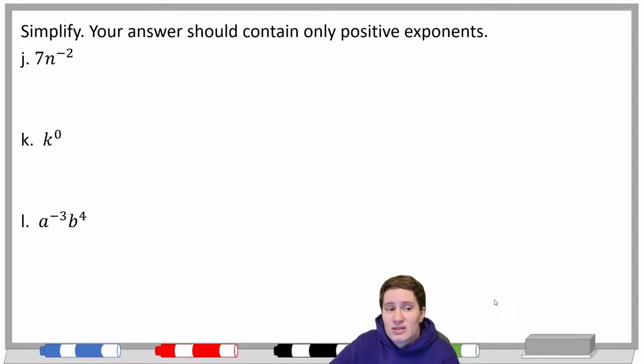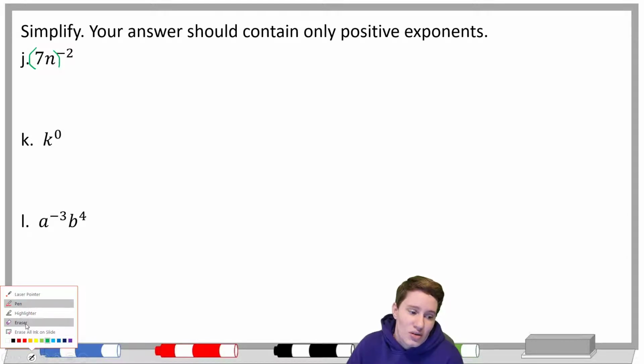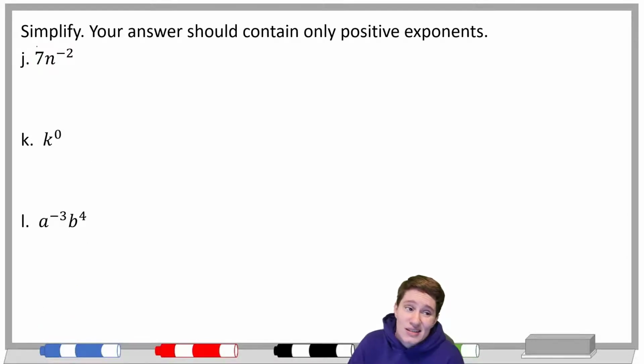So our instructions, just like last time, say simplify. Your answer should contain only positive exponents. One of the important things here is that on J, 7n to the negative 2, that negative 2 is only affecting n. If they wanted the 7 to be affected by that negative 2 as well, they would have had to put parentheses around it, and they didn't.